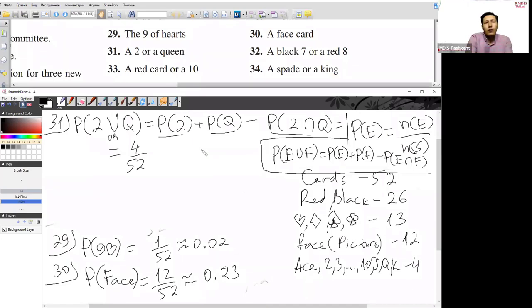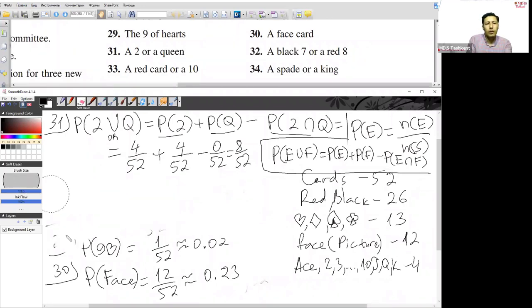Then queens. How many queens? There are 4 queens also. Minus queen and 2 at the same time. Do you have such a card which is 2 and queen at the same time? No. Therefore it is 0. So you write 8 out of 52.